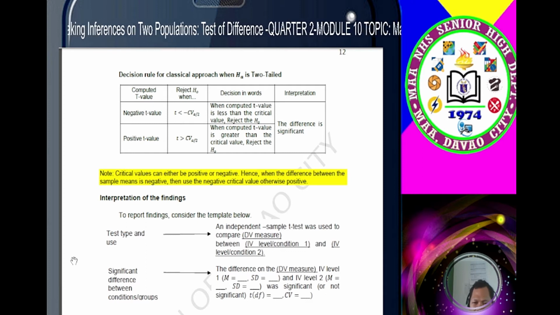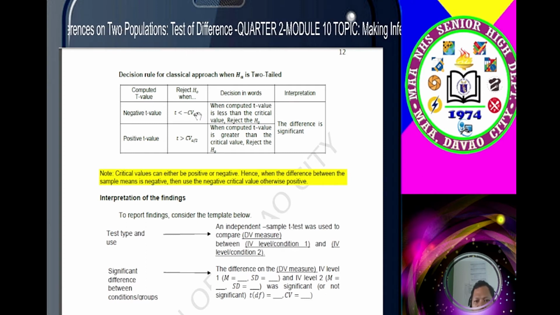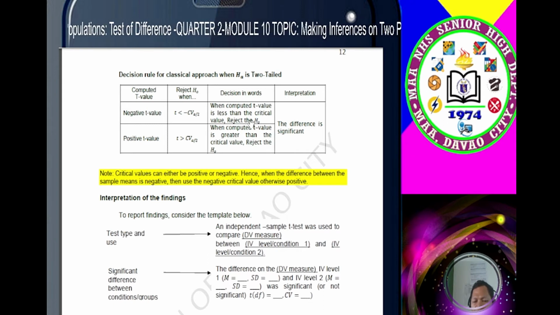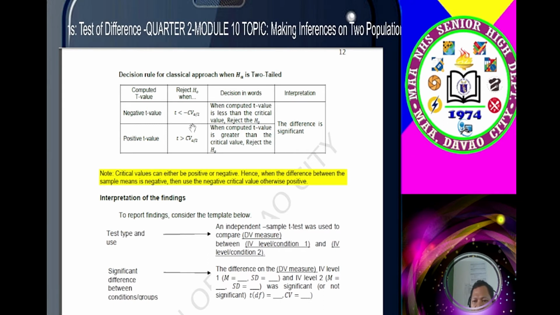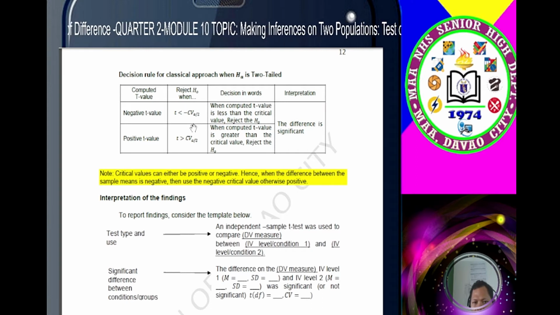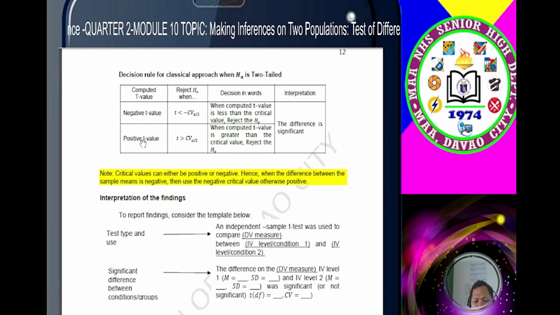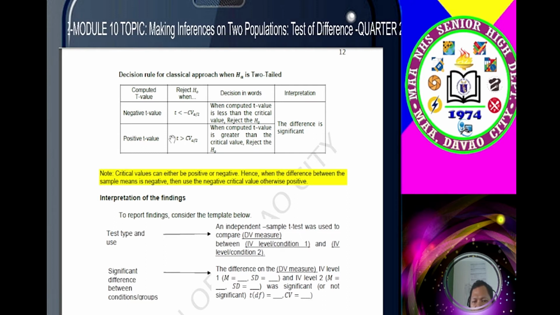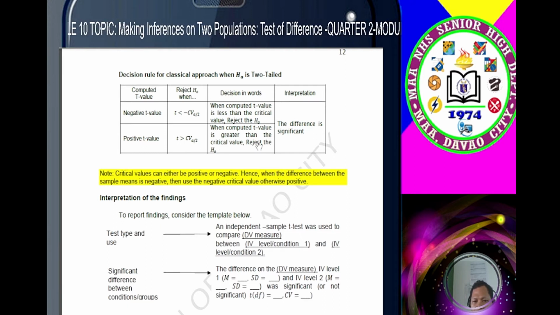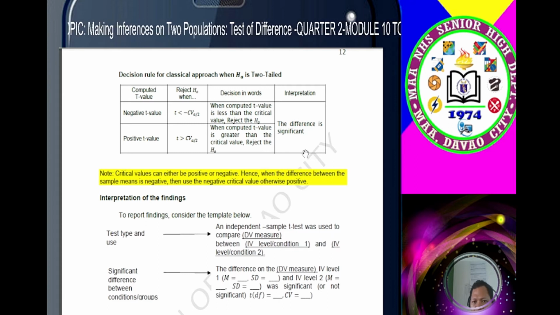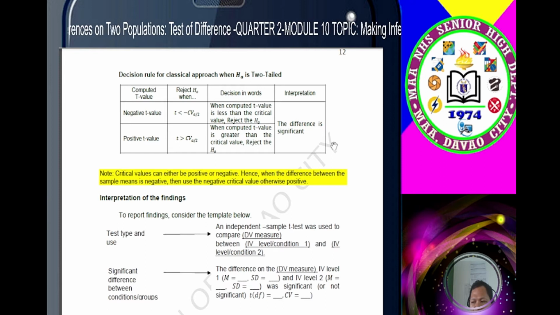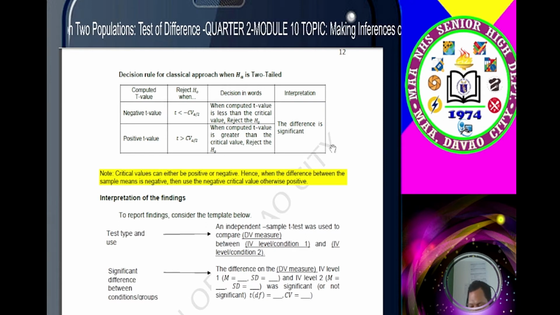So remember, for negative, if it is less than the critical value or tabular value, you will reject the null hypothesis. Then for a positive t-value, if it is greater than the critical value or tabular value, you will reject the null hypothesis. Then the interpretation is that the difference is significant.